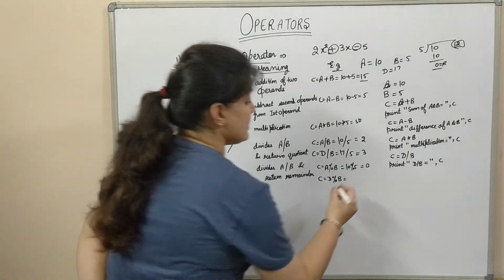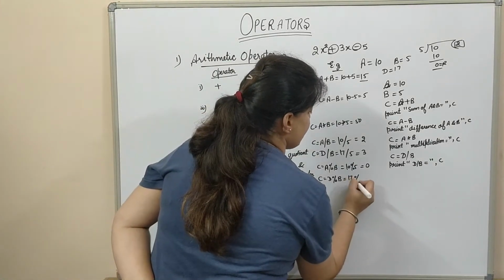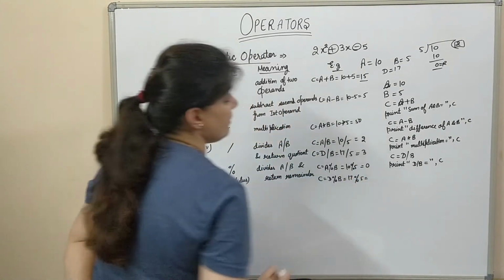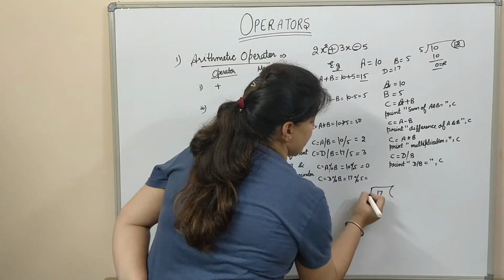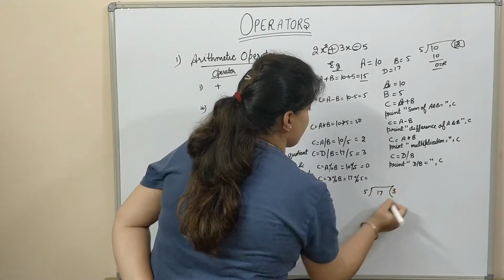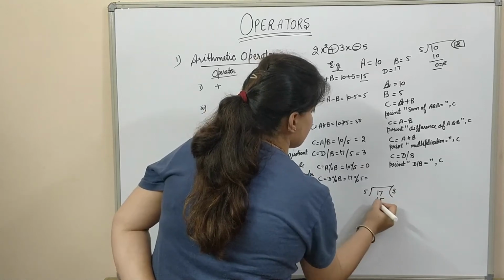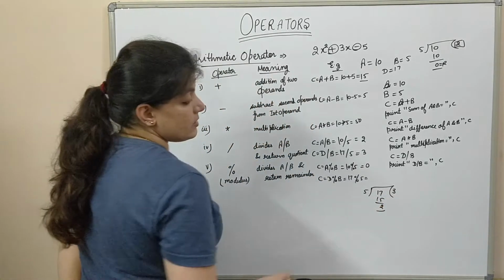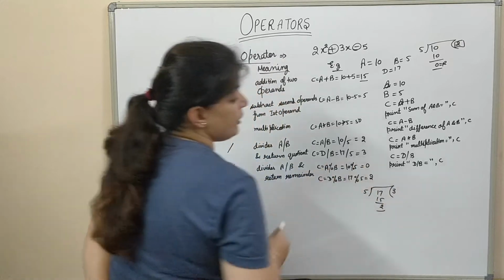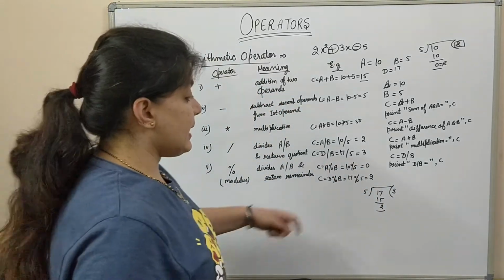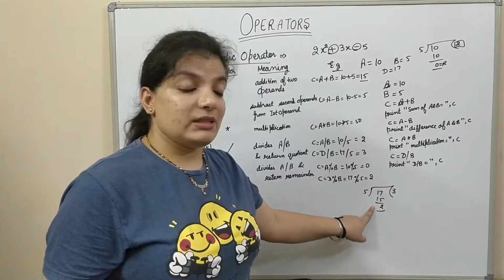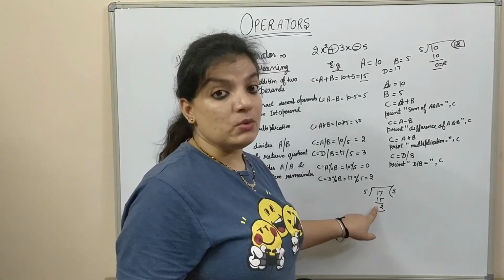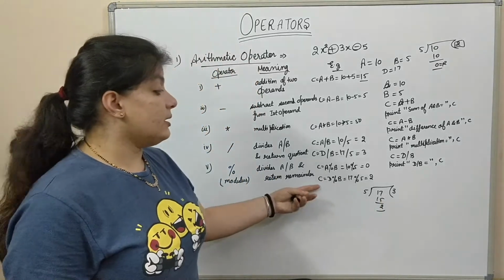Here the D value is 17. When it is divided by 5, the remainder is 2. So here the output will be 2.